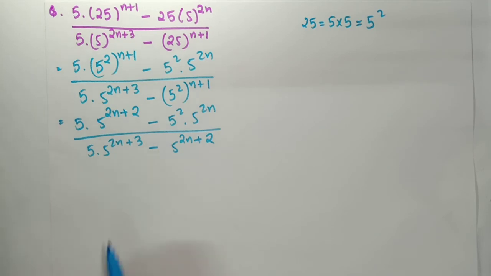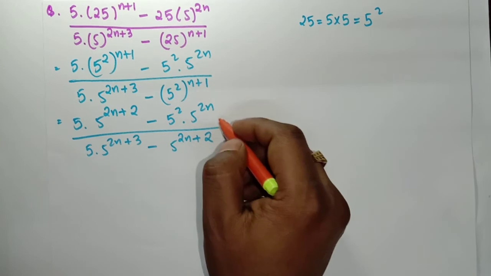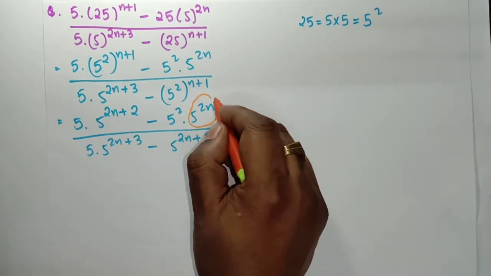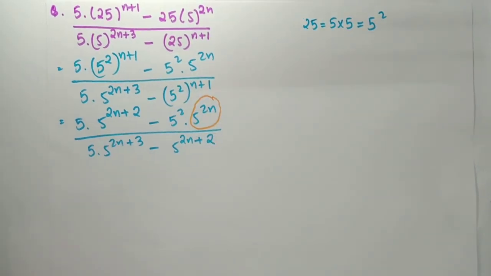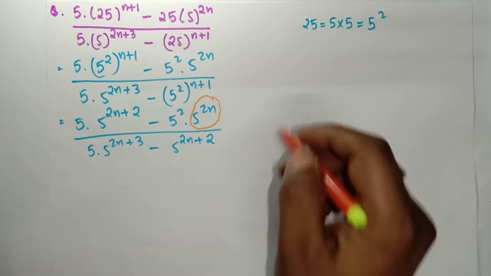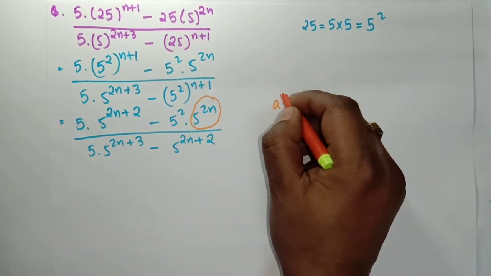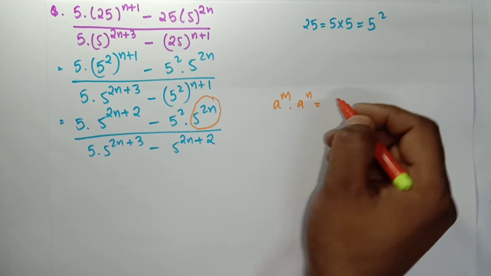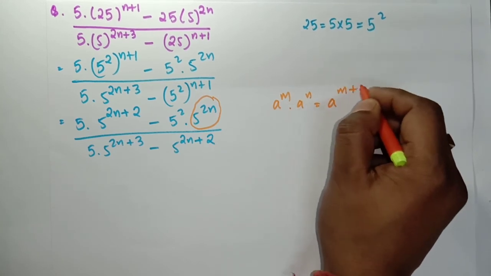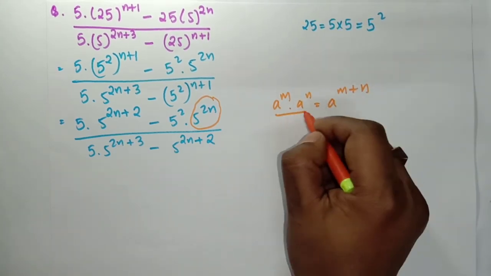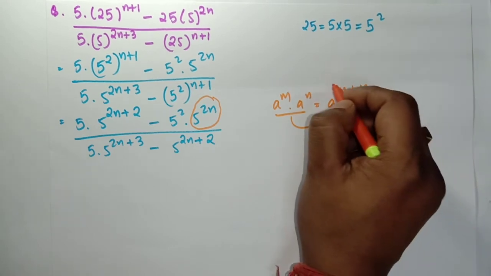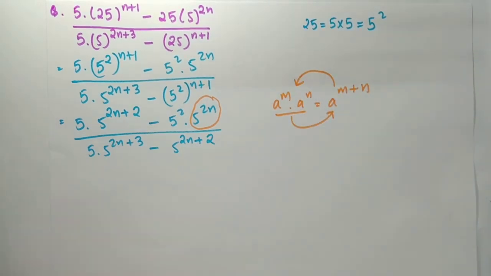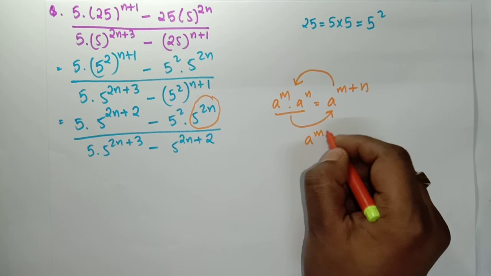Now what you can do is that you can see here 5 to the power 2n is there. So I have to make this side also 5 to the power 2n. As you know that rule, a to the power m into a to the power n equals a to the power m plus n. Next formula, I am saying this just opposite.